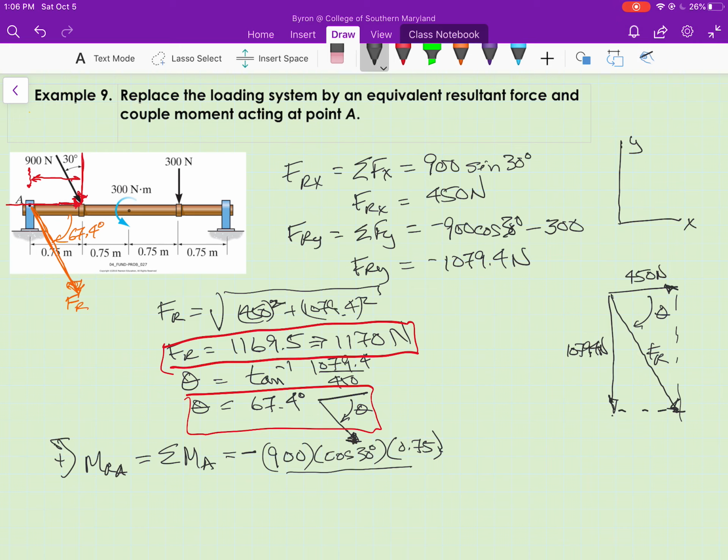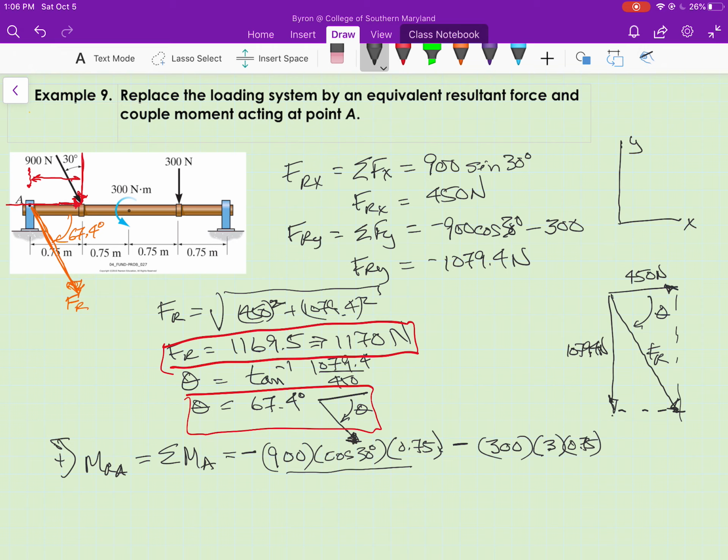Okay. Now let's look at the 300 Newton force. When we move that to A, we have to account for 300 newtons times the perpendicular distance, which is 3 times 0.75 meters. That force also makes a clockwise moment about A, which is negative.